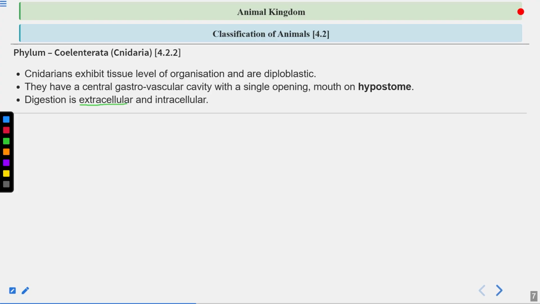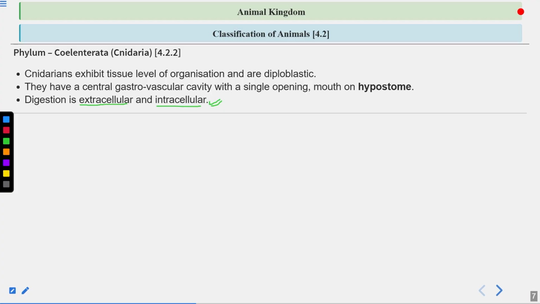Digestion is extracellular and intracellular. Both types of digestion we see in Coelenterata: they take the organism inside their body and digest it inside the cell. But sometimes they release enzymes, digest the food, and then take it inside. So both extracellular and intracellular digestion are reported here.